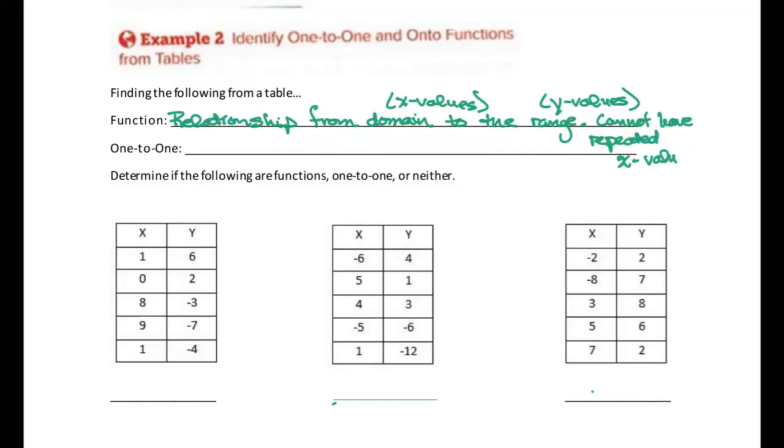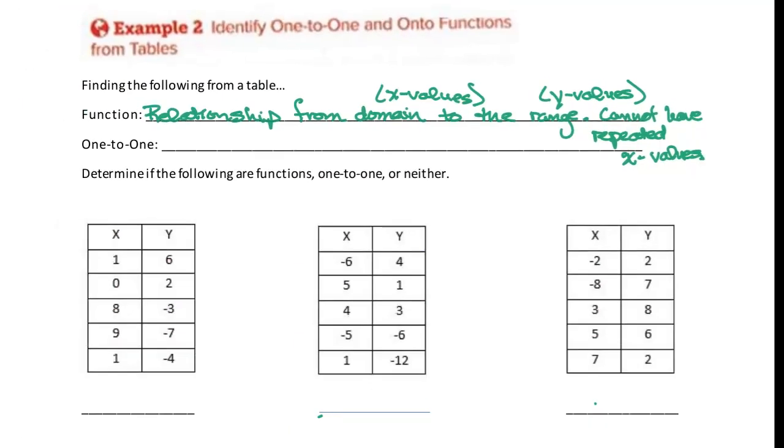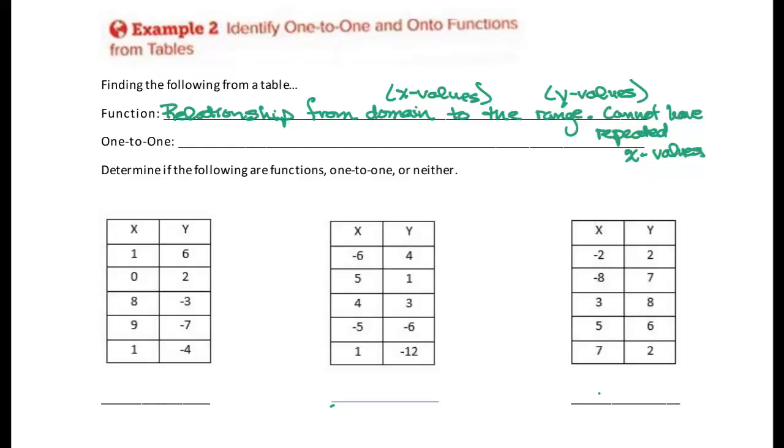We cannot have repeated x values because that relationship from the domain to the range is going from one value from the x to one value of the y. So the function is the relationship from the domain to the range, and we cannot have repeated x values. Means you can't have the same number in the x column.